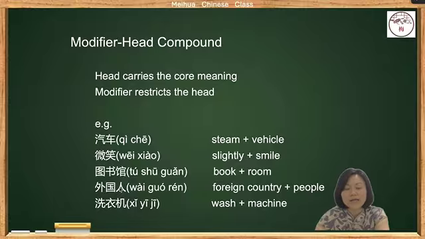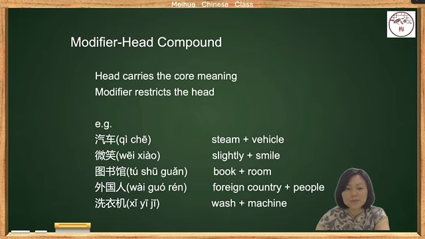外国人, 外国人, this is a very commonly used noun. 外国 means foreign country, right? 人 means people. Foreign country people. People from foreign countries. See, the modifier also comes at first. And it restricts the people. Not everyone is called 外国人, right?